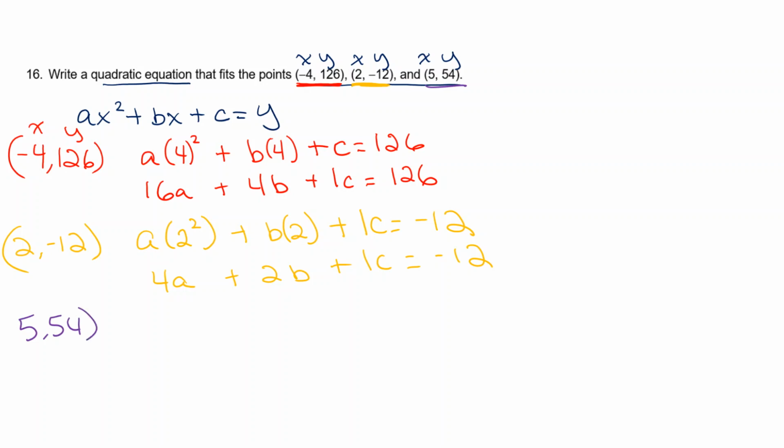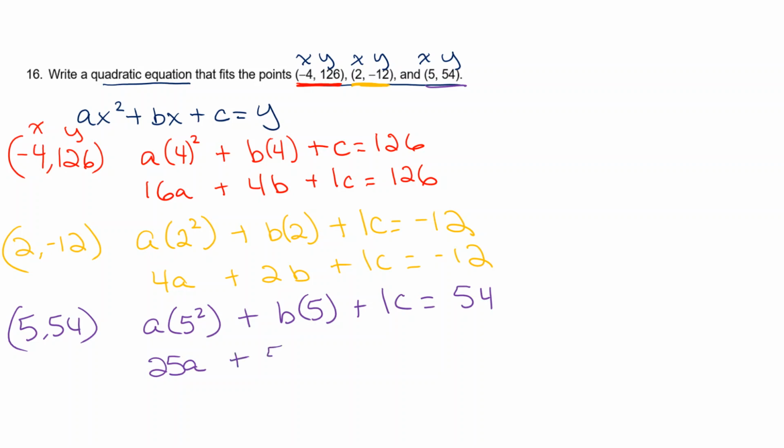Again, we're going to do the same thing over again. A times 5 squared plus b times 5 plus 1c equals 54. So that would be 25a plus 5b plus 1c equals 54.